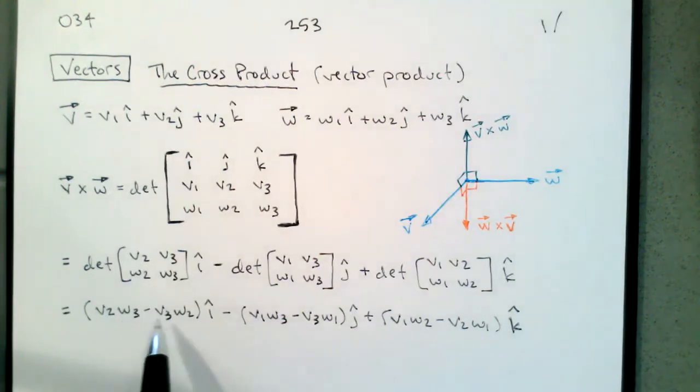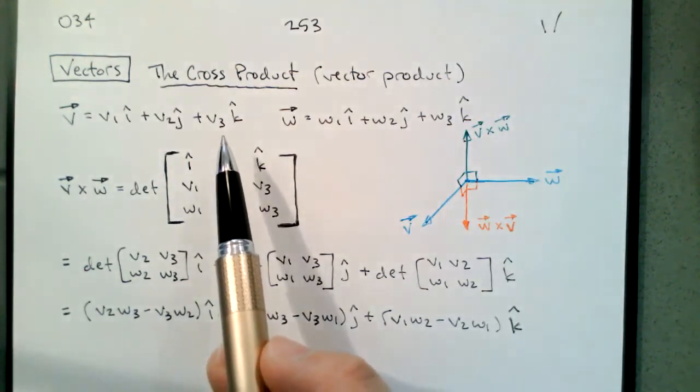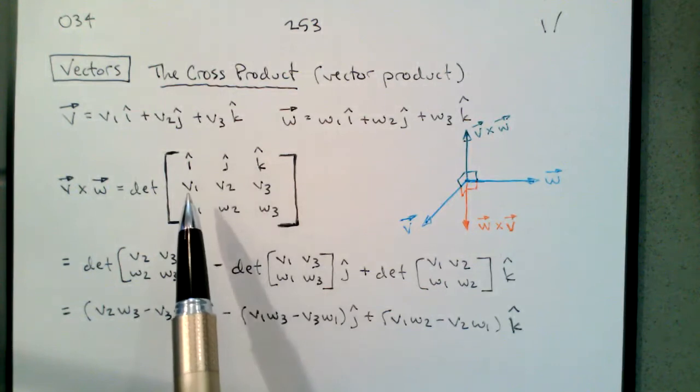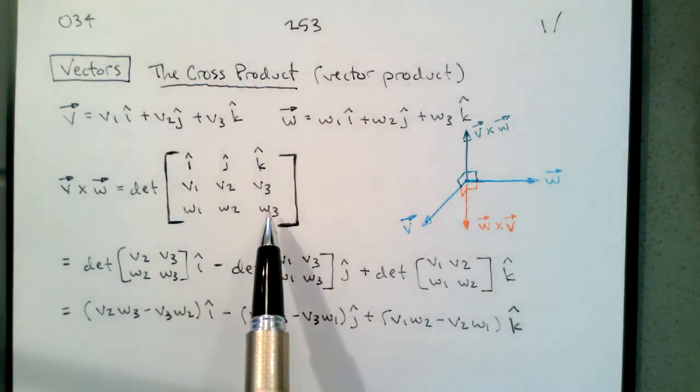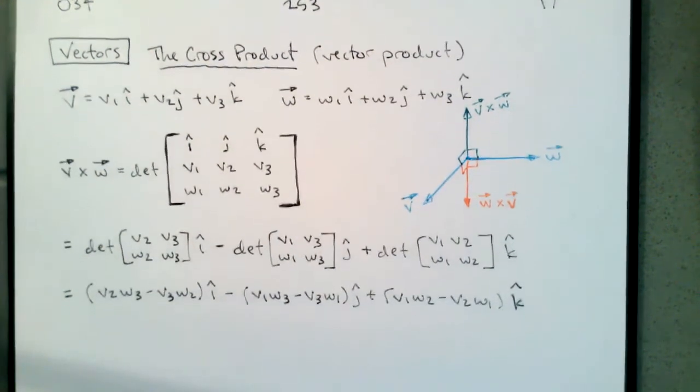So V2W3, V3W2. J is in the second column, and none of the components involve a subscript of 2. So I have V1W3, V3W1. Once again, no 2 and no matching in our products.